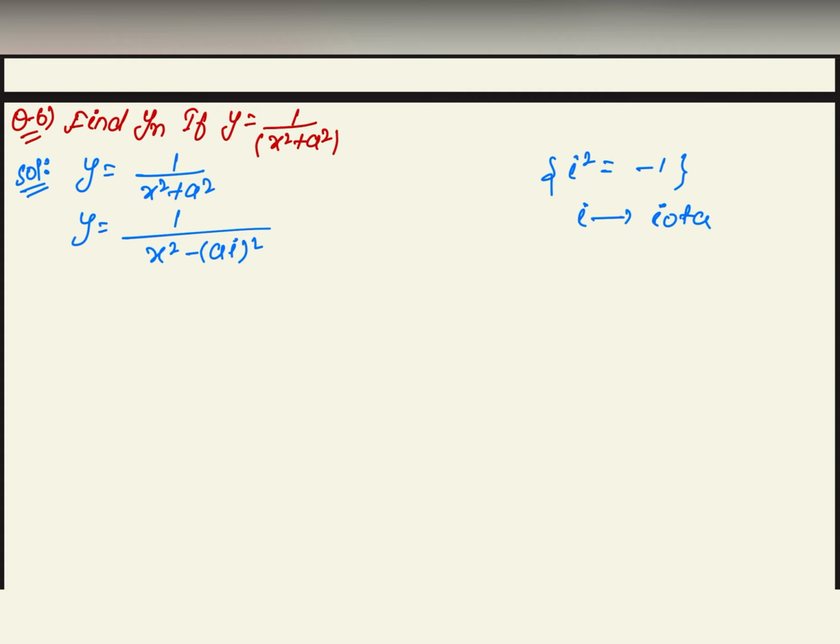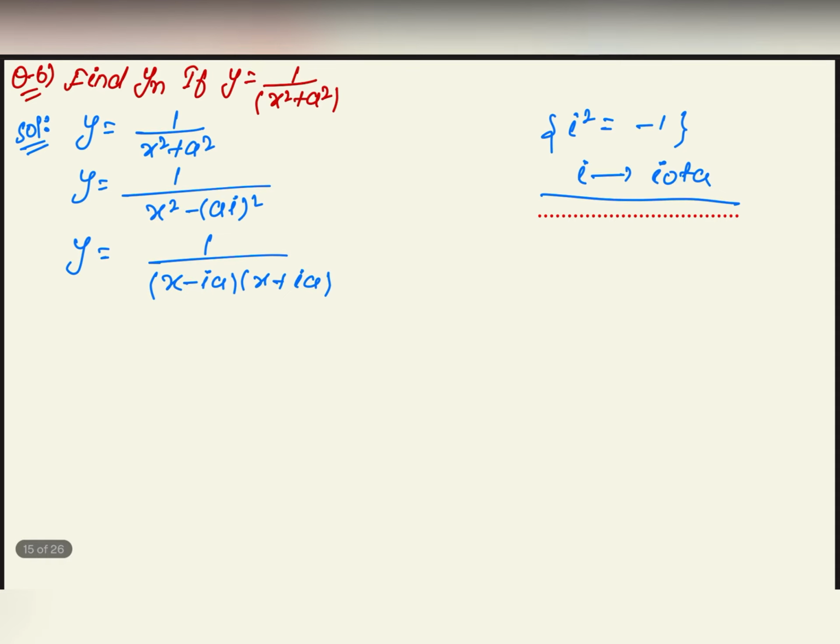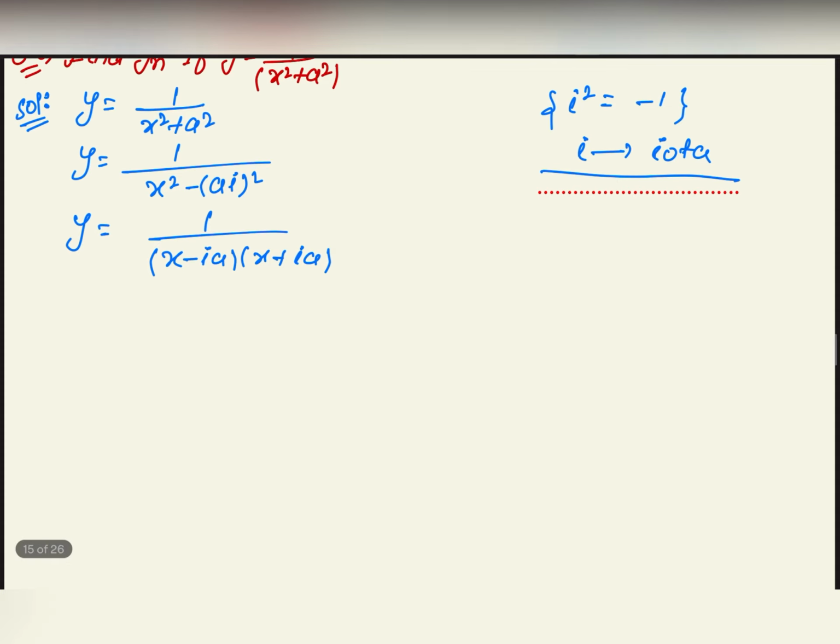You have already known about it in complex numbers. So y is equal to 1 by x minus ia times x plus ia. As we have done earlier in the question, in this type of question we resolve it into partial fractions.